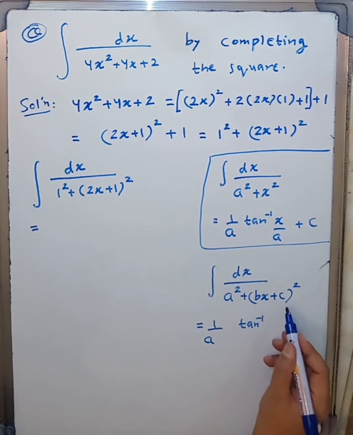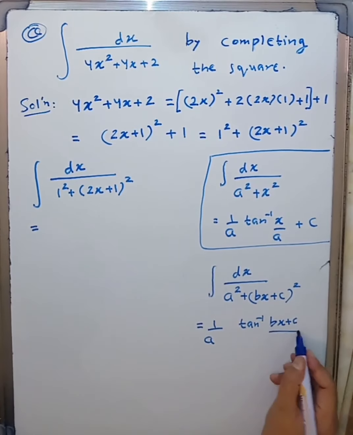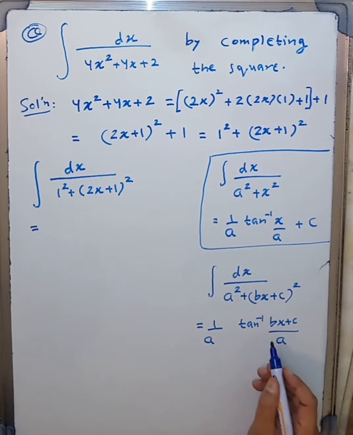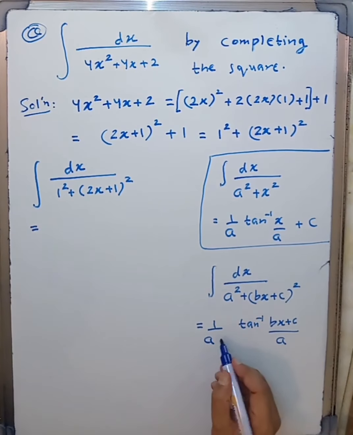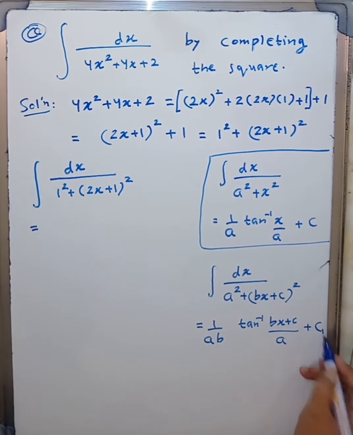In place of x we will have bx plus c divided by a with an extra division by b, so divided by b plus constant of integration.